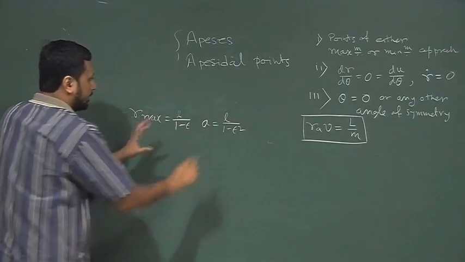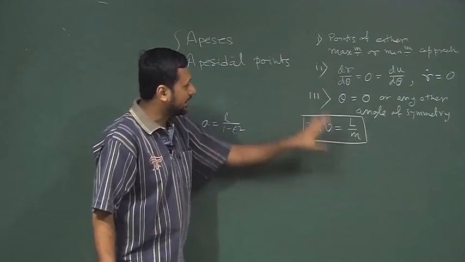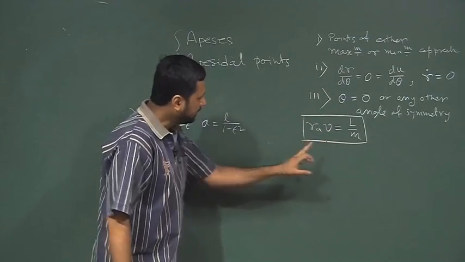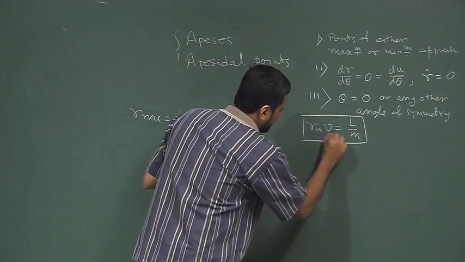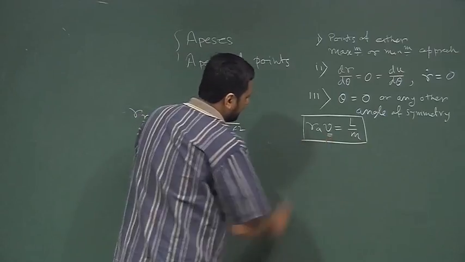Let's understand this. Now, r_A is either a minima or a maxima in the orbit. So, that means the velocity is either a velocity maxima or minima, because r and v are inversely related.